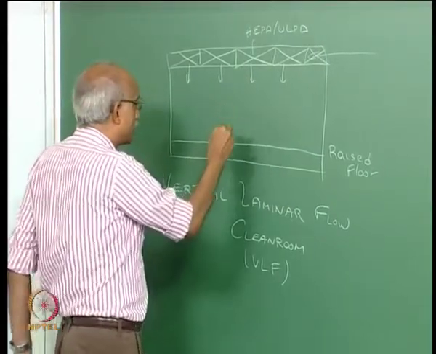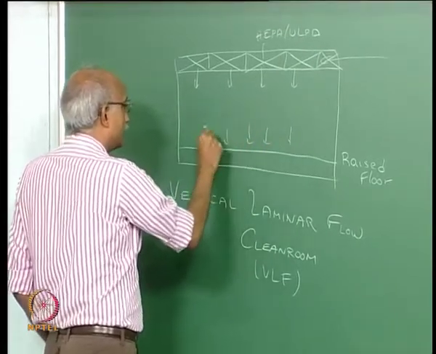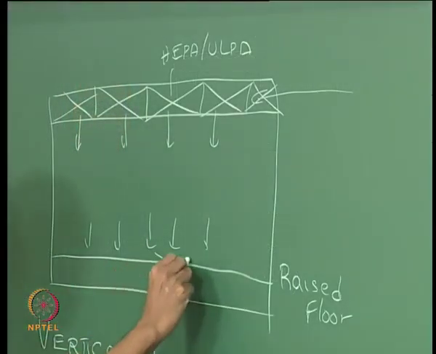Now, the problem with that approach is the airflow will keep coming down, but then when it meets the floor, what is going to happen? Essentially you are going to get stagnation flow.